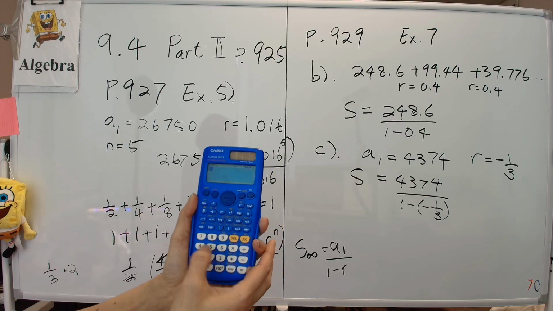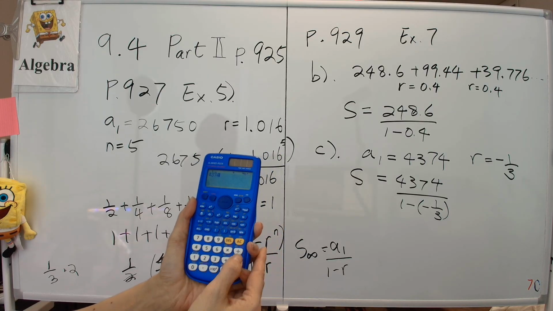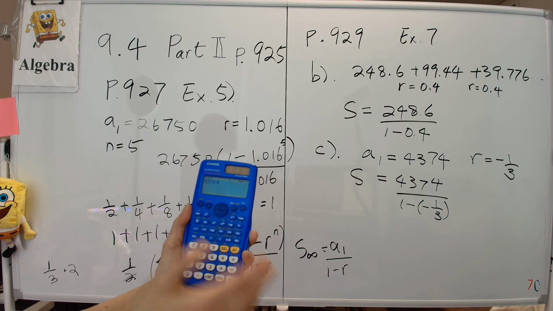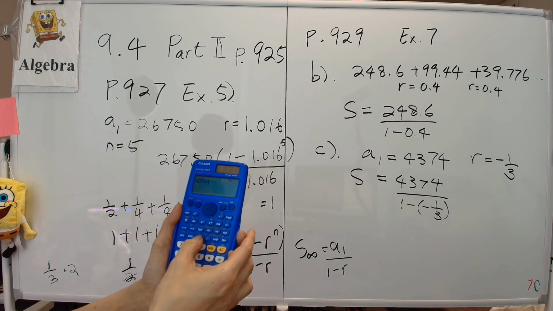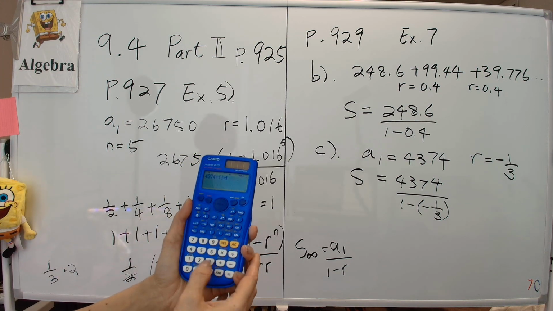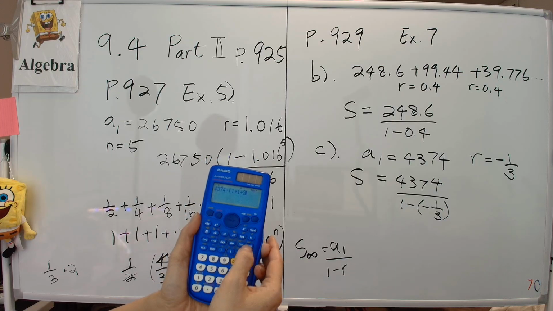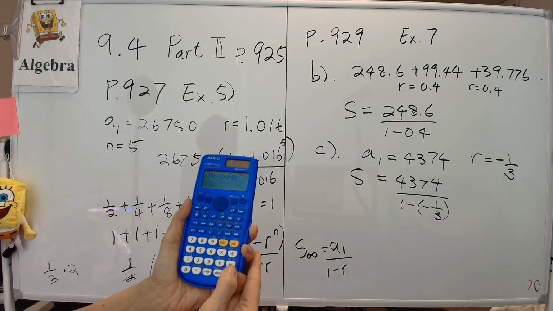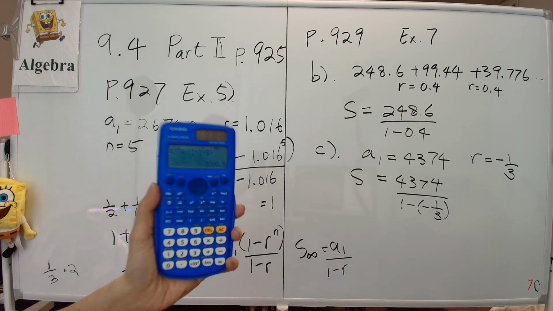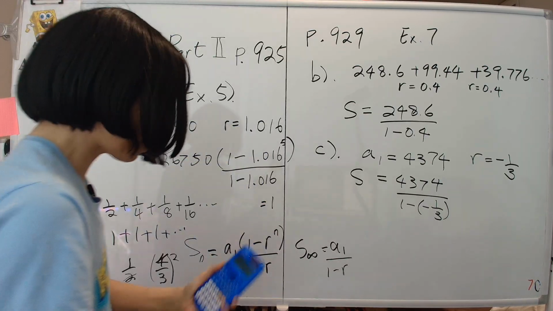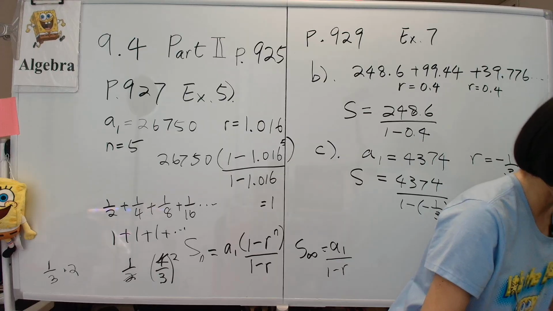So we have 4,374 divided by 1 minus -1/3, which is the same as 1 plus 1/3. That looks okay. So that equals 3,280.5.